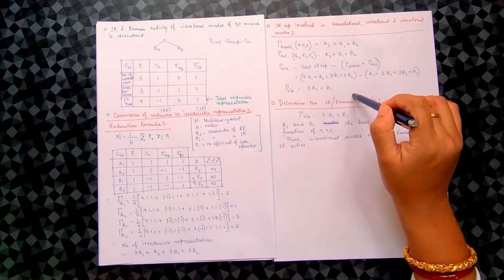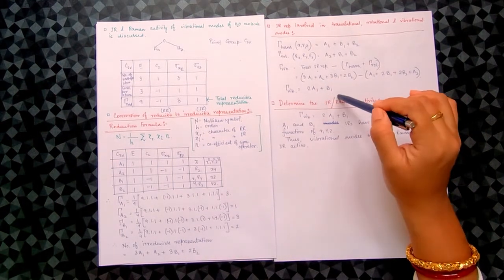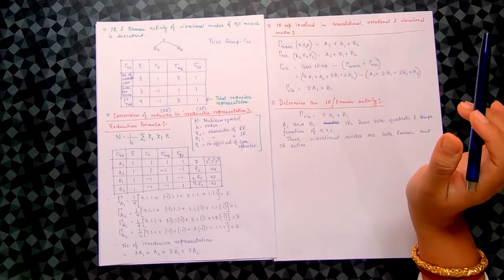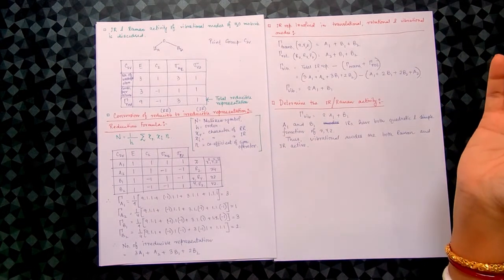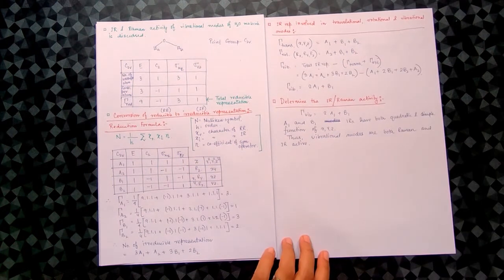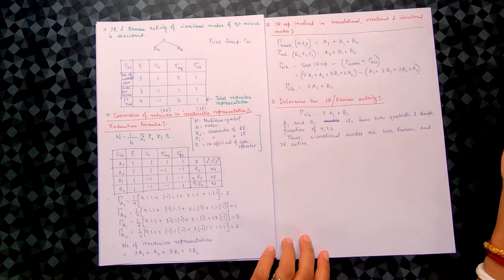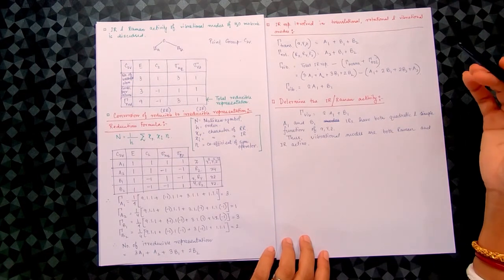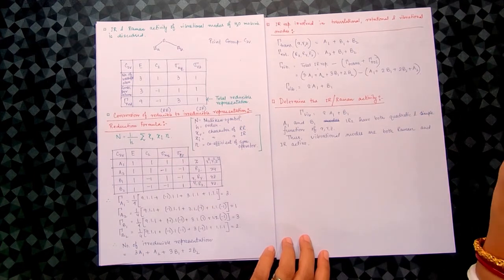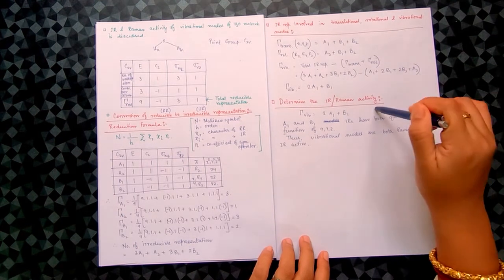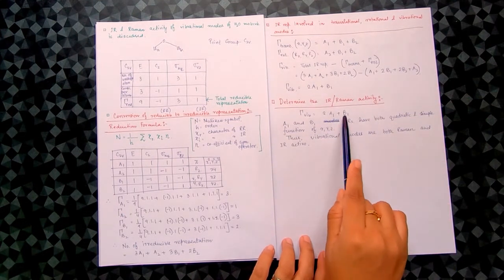Now we are going to check whether this vibrational mode is IR active or Raman active, or whether it can show both activities. For Raman activity, we need to check whether the quadratic function is present or not, and for IR activity, the simple functions x, y, z that we need to check. So the values are 2A1 plus B1.